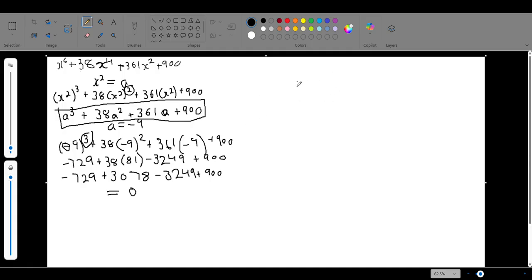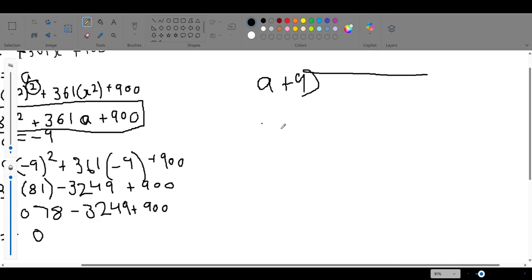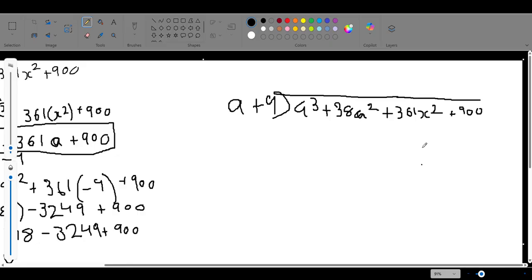That's our next step. So it'd be a cubed plus 38a squared plus 361a plus 900, divided by a plus 9. Okay, how we divide polynomials is pretty simple actually.